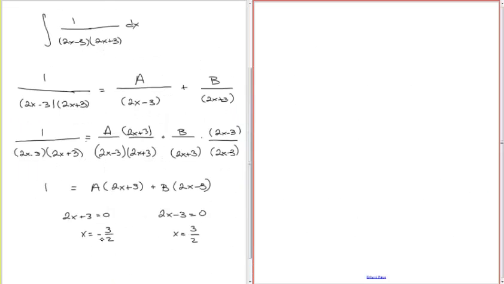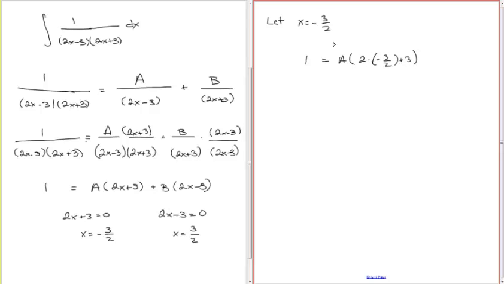So the first thing we're going to do is let x equal that and plug it into that equation. Let's say x equals negative 3/2. Then what happens? We get 1, which is the left-hand side, equals a times (2 times negative 3/2 plus 3).